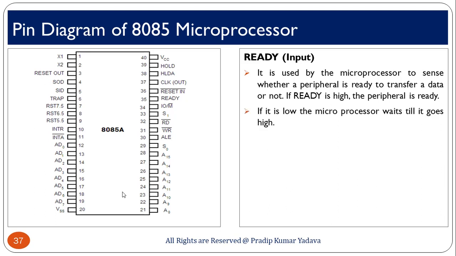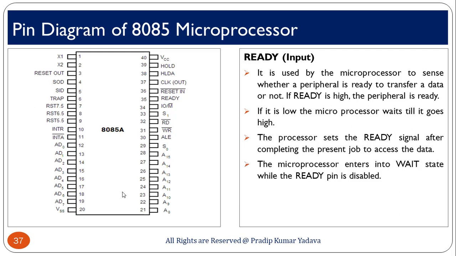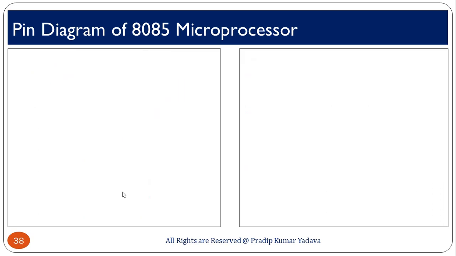If it is low, the microprocessor waits till it goes high. The processor sets the READY signal after completing the present job to access the data. The microprocessor enters a wait state while the READY pin is disabled. Basically, when the READY pin is enabled, the microprocessor is ready to accept the data from the peripheral device.